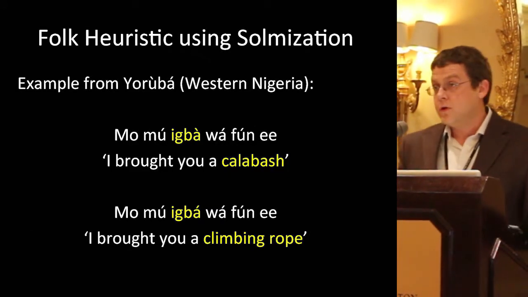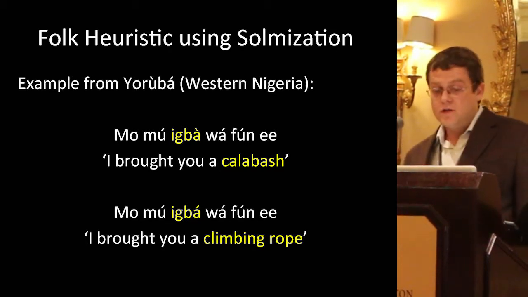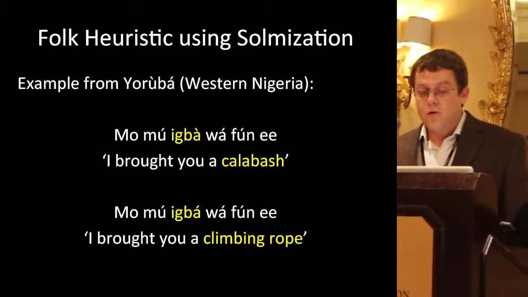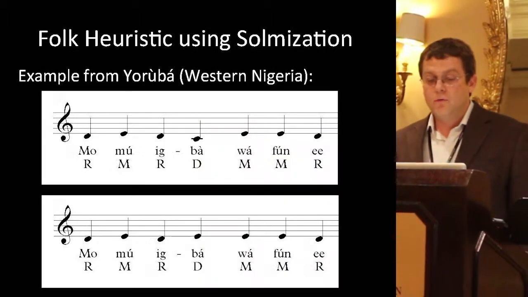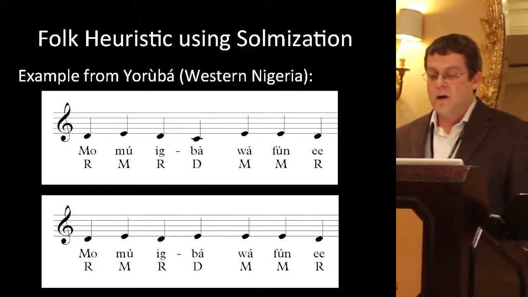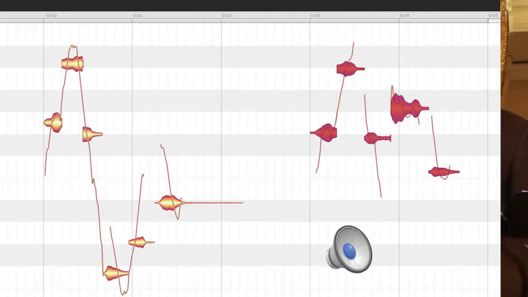And this is similar to the folk heuristic, the way of understanding tones among the Yoruba in southwestern Nigeria. If we take this carrier sentence, I brought you a, and then have this alternation of calabash and climbing rope, we would get a melody like this. However, it actually sounds like this. So we have intonation, and we also have downstep, which makes it actually not like a major triad or solfege.